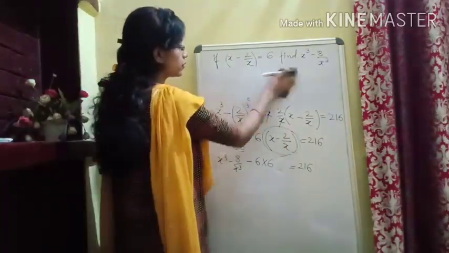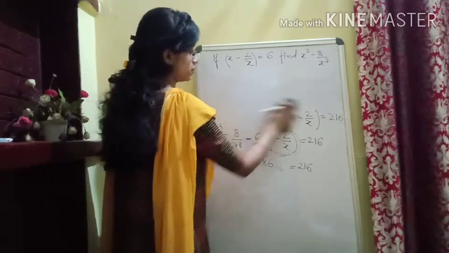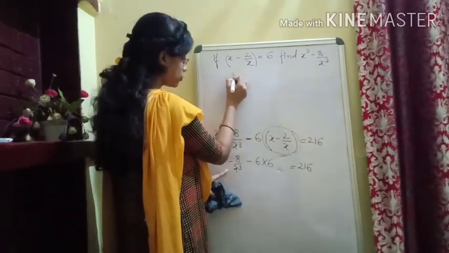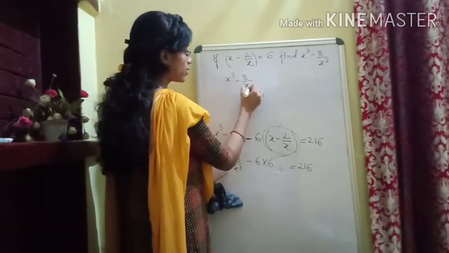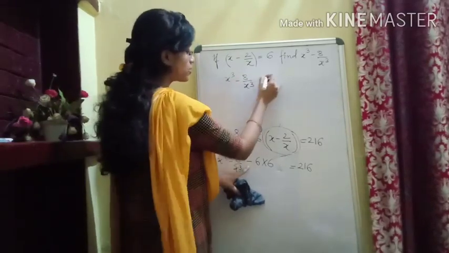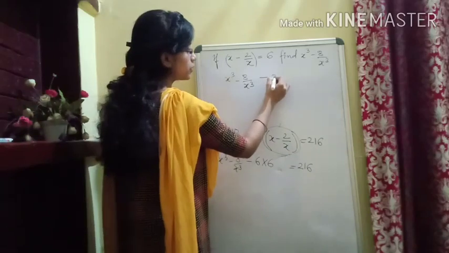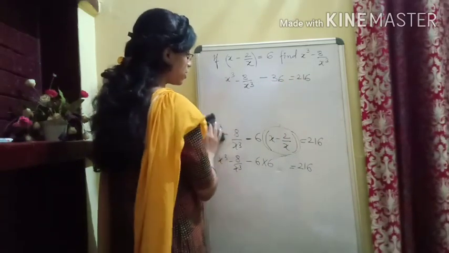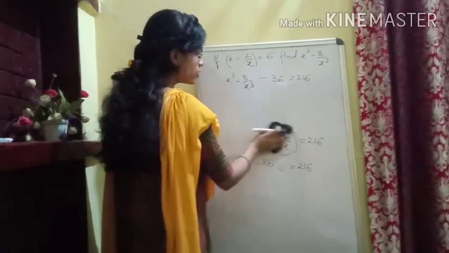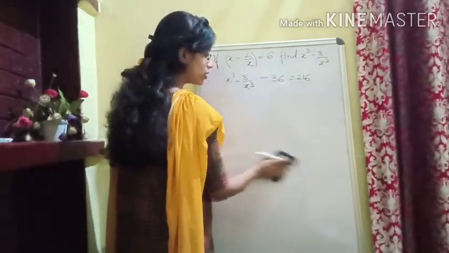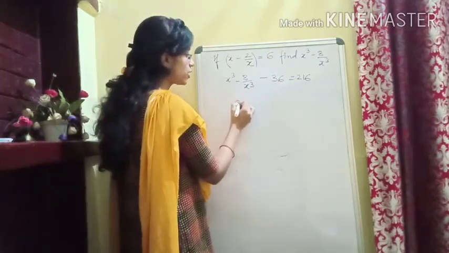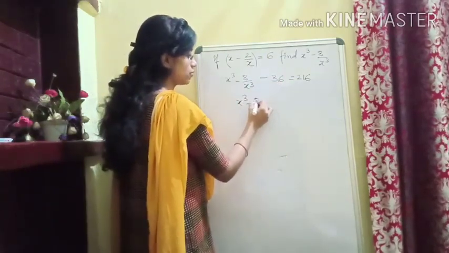Now it's simple. If I rub this, okay, now left hand side we have x cube minus 8 upon x cube minus, it is 6 into 6, which is simply 36 equals 216. Now since we have to calculate this term, rest of the terms will go to the other side. That means this minus 36 will go to that side and it will become plus 36.